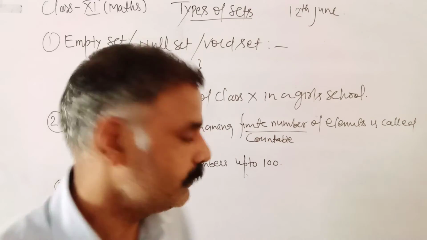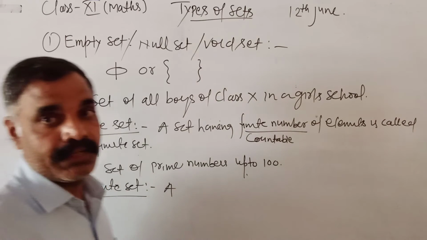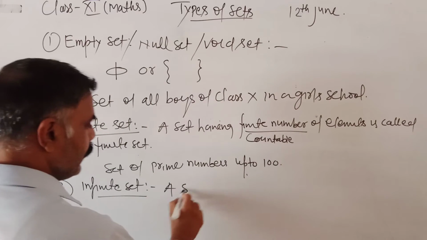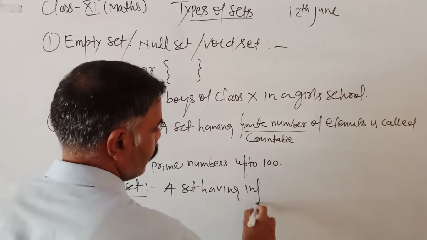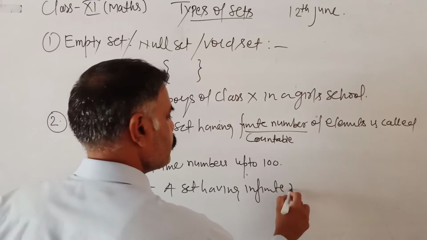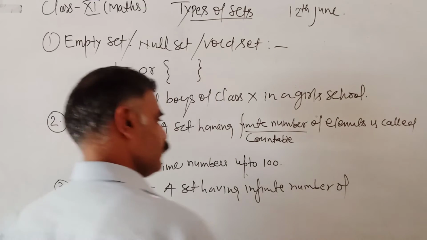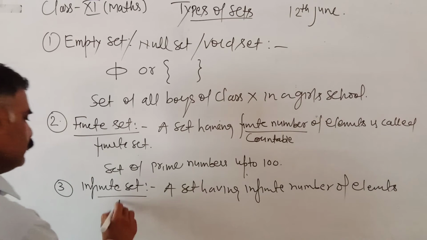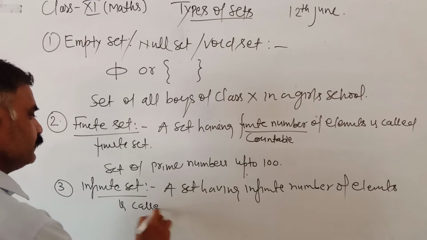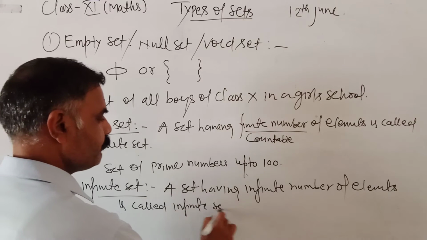So this is the infinite set, and I am writing its definition. A set having an infinite number of elements is called an infinite set.